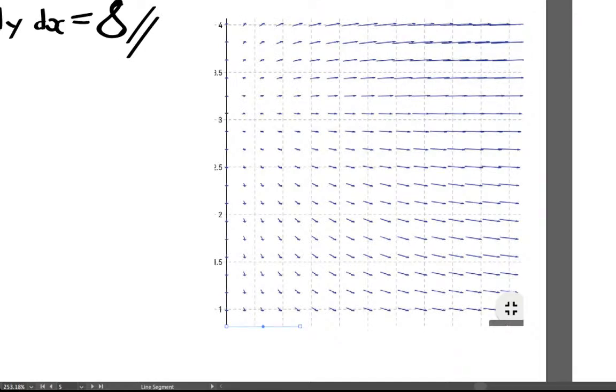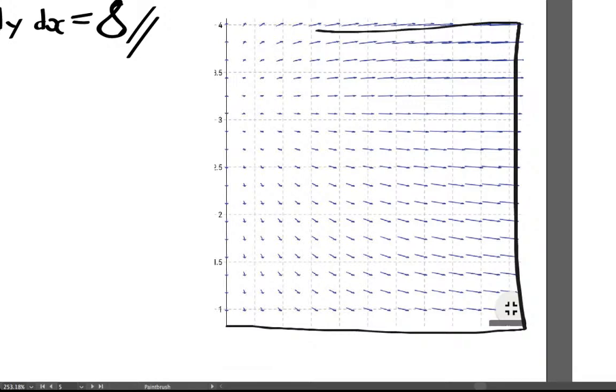You go along this way, then you go up, you go back, and then you go down. This movement is counterclockwise. And by the way, the x-axis only goes to 1.